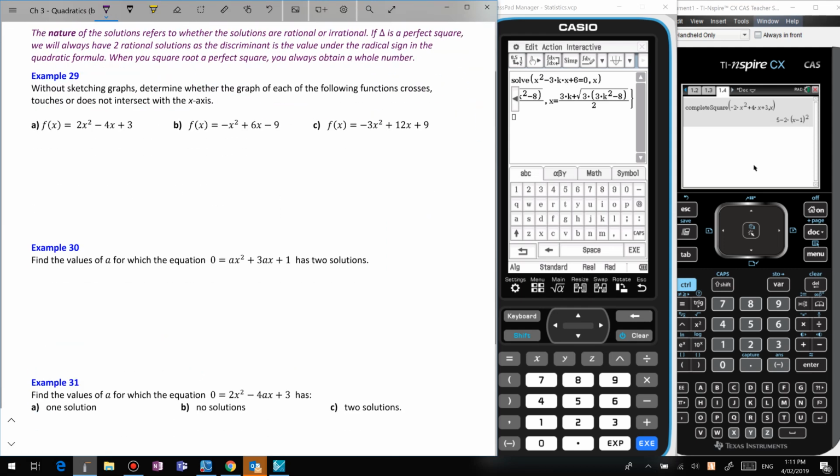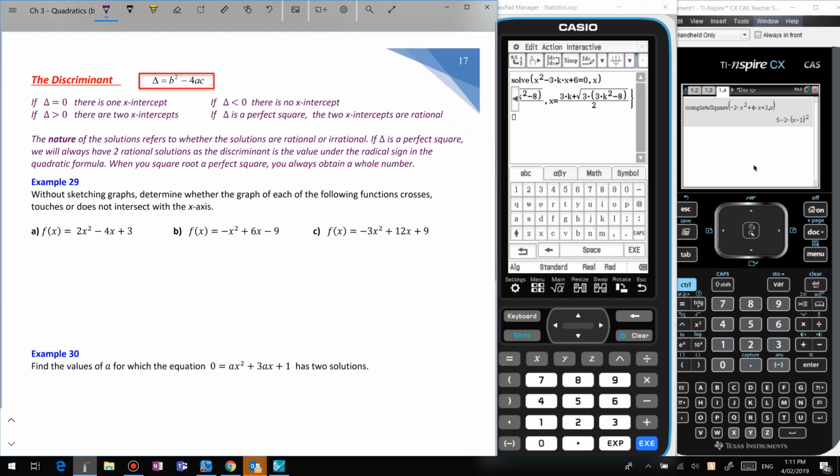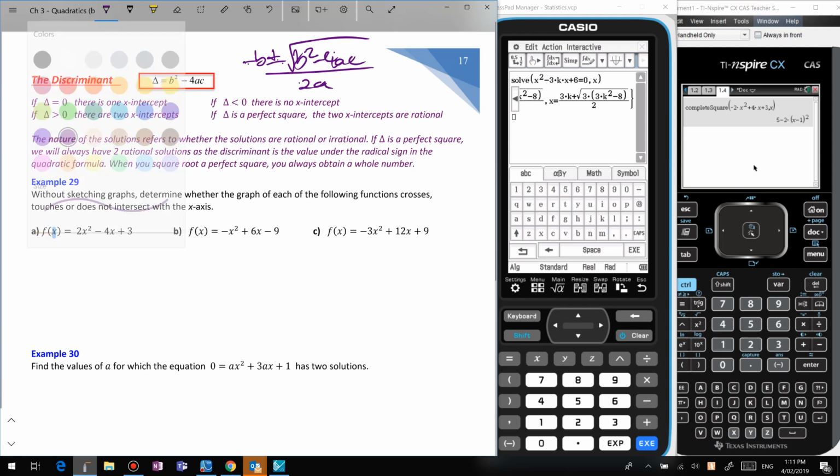Okay, so this will be the last thing we do, looking at the discriminant. So our discriminant tells us, if you think about negative b plus or minus the square root of b squared minus 4ac on 2a, it's what's under the square root. So if that's 0, then I just end up with one solution, which is negative b on 2a.